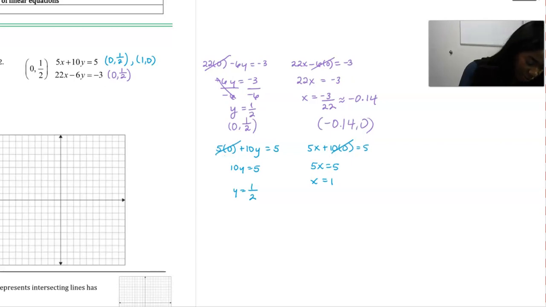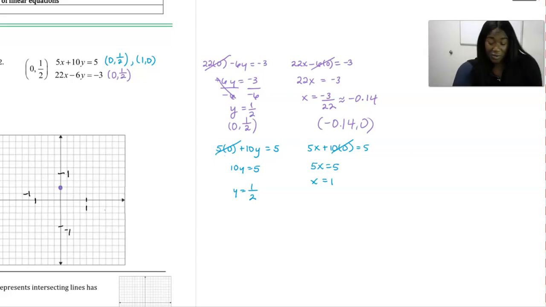Let's make this, I'm going to adjust my scale. I'm just going to say that this is 1, this is 1, this is -1, and that this is -1. Okay, so now the point (0, 1/2) is here. That's the y-intercept. And then the point (-0.14, 0) is about right there.